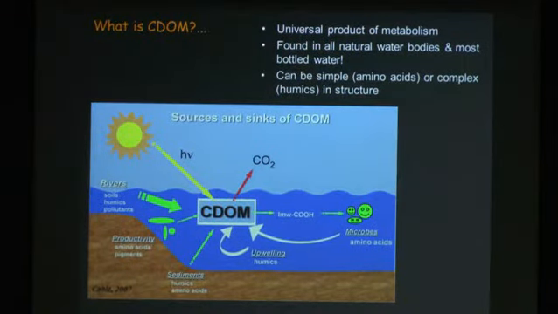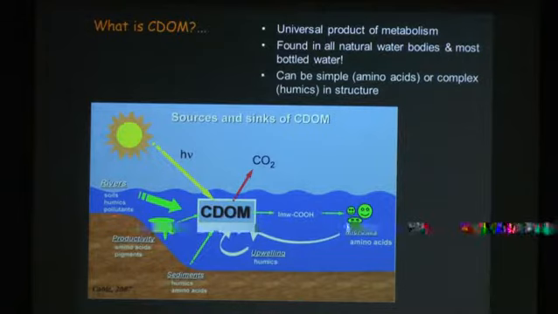So this is just kind of a schematic of where it comes in. Mostly it comes in from rivers. It's humics that are in soils and some pollutants. Productivity produces some distinctive signatures. Sediments are high in humics and amino acids. Upwelling brings deeper water, and the deeper water is high in humics because it's not all bleached out from the sunlight.